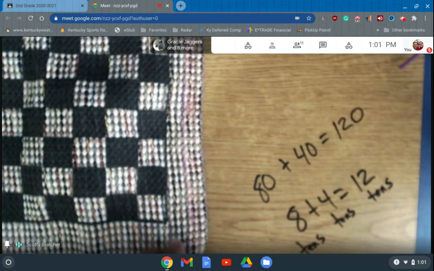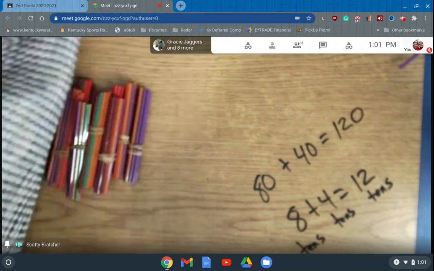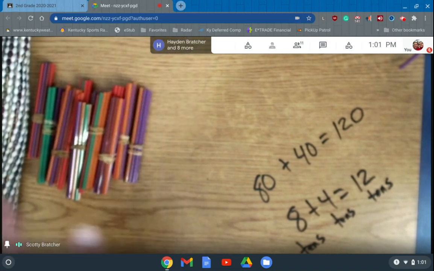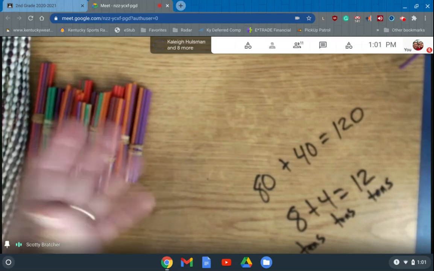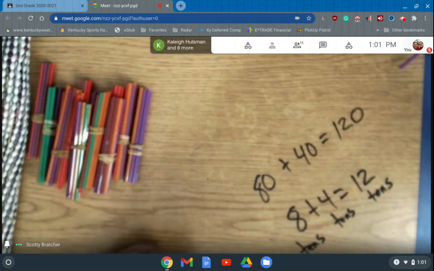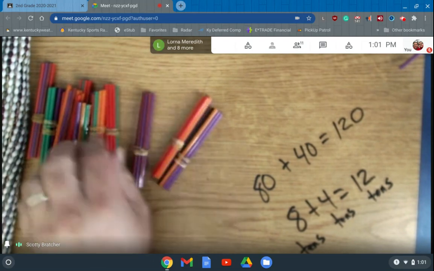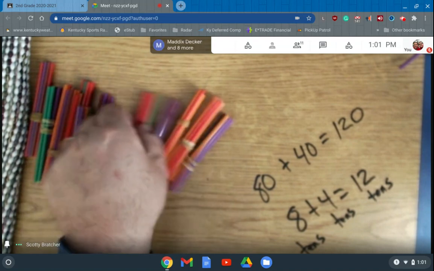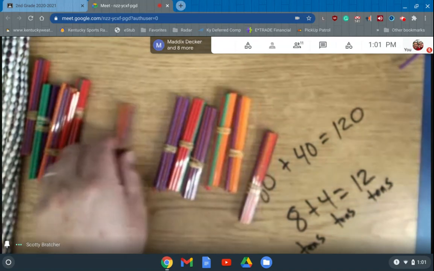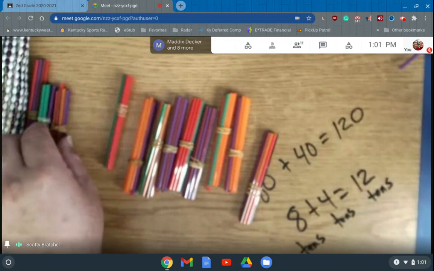Oh, yes. All right, so I'm going to uncover this for a minute. Okay, and look, there's a big pile here. And I got 120 sticks there. Okay, if I wanted to just pick up 100 at one time, it's going to be a little bit harder for me to do. But if I took 10 of these, 1, 2, 3, 4, 5, 6, 7, 8, 9, 10.